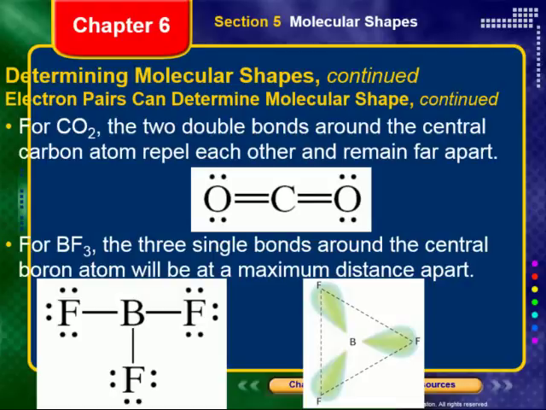If we look at BF3, there are three single bonds here. There are three individual boron-fluorine bonds. We are going to spread those out at maximum distance from one another. These two oxygen-carbon bonds are spread out at 180 degrees. We have three fluorines here, so we've got to spread these out.